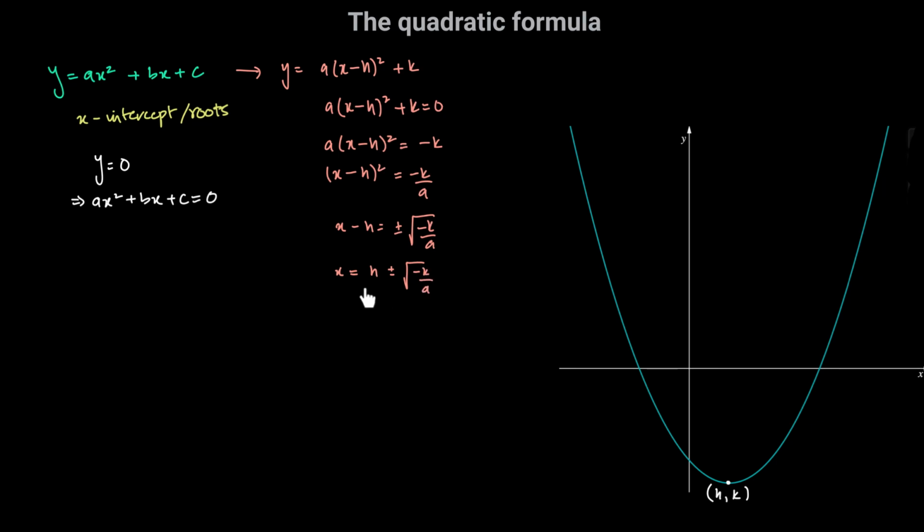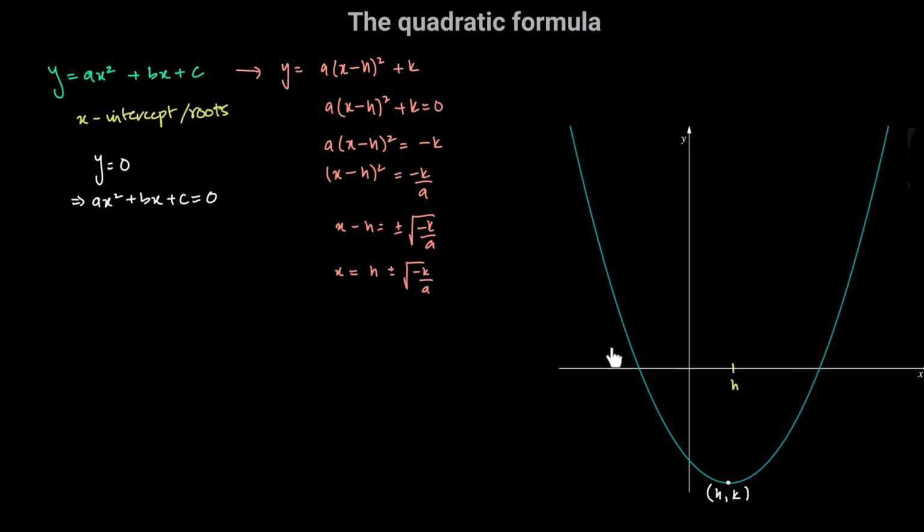Now how do we interpret this result over here? Well, first of all, it's important to note that h is simply the x-coordinate of the turning point of this parabola. In other words, the x-coordinate of the vertex of this parabola. So what this is telling me is if I have a parabola like this, which is clearly, the way I've shown it, intersecting the x-axis at two different points, those 2 points are obviously going to be equidistant from the vertex since the parabola is symmetric.